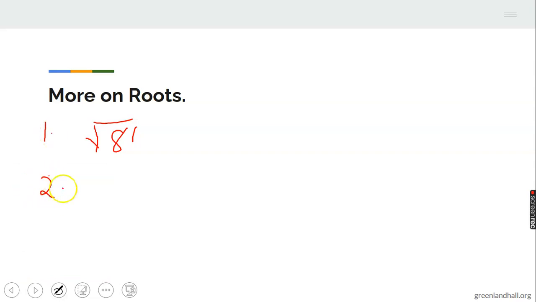Then I want you to find the cube root of 125. Okay, you do only these two.